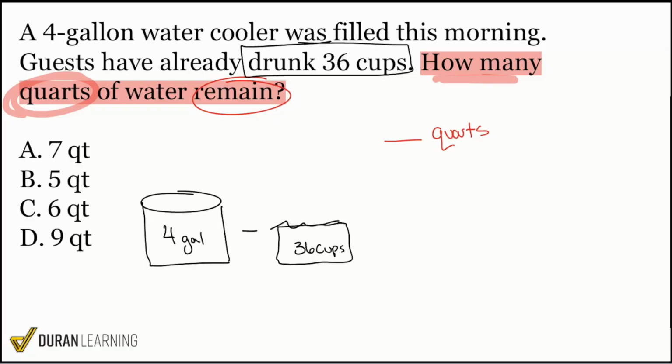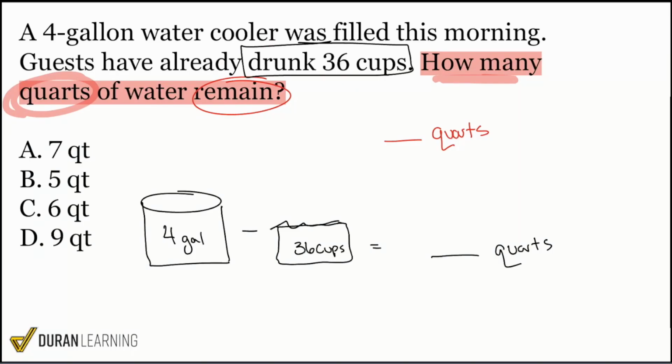And then we have to figure out how many quarts that is. Is that the general sense that we're picking up here from the problem? Again, even if we don't know how to do the actual math, does what we have to do make sense to you? Where we have this water cooler, some folks drank out of that water cooler, and we want to know how much water is left.